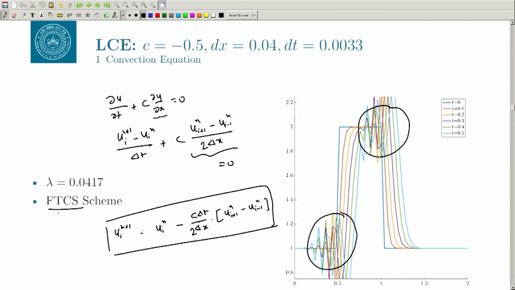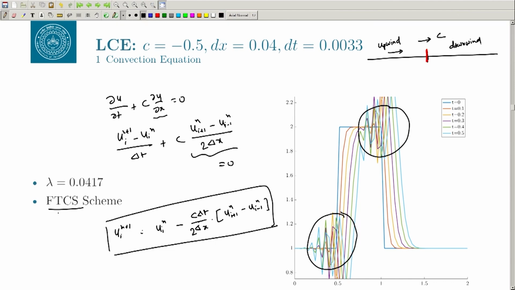Okay. So, let us say this is your grid and your convection is positive, so information is coming from the left. This direction, from where the information is coming, is called your upwind, and the right one is called the downwind.